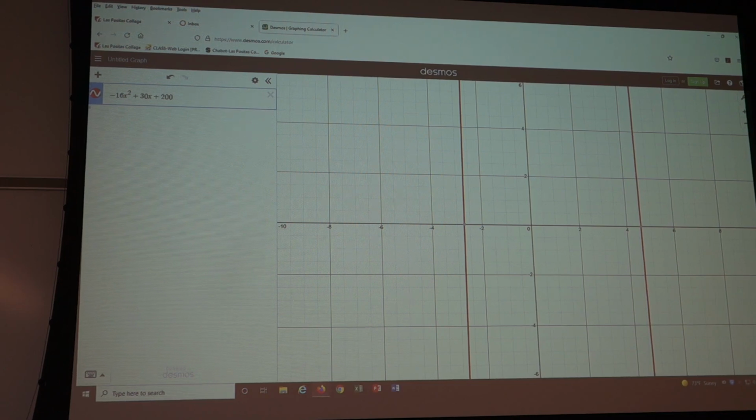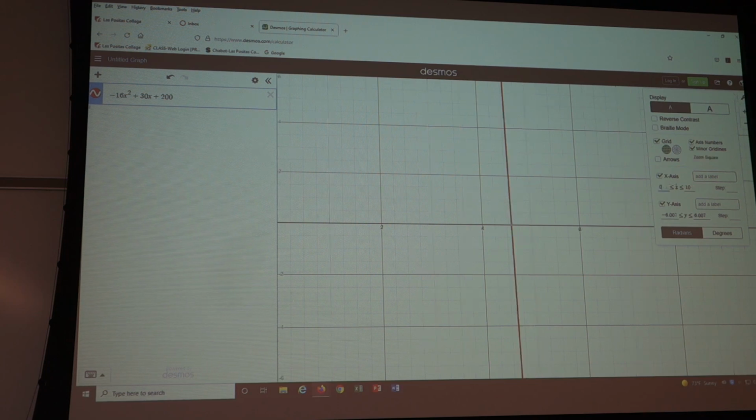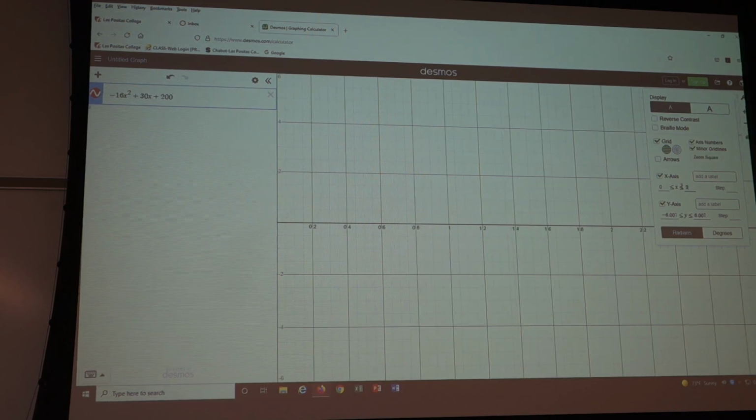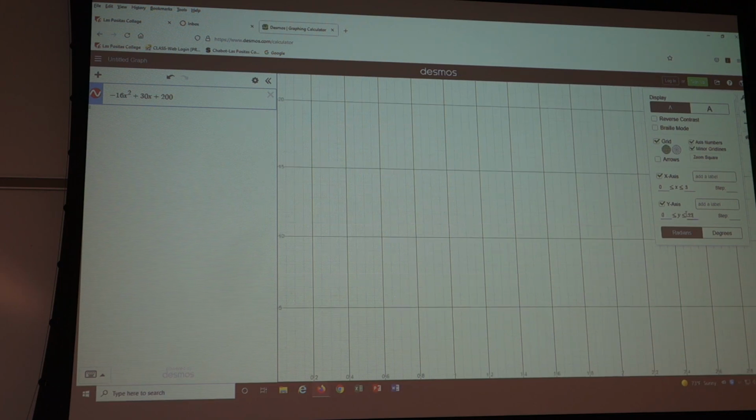Okay, and I'm going to make the settings of the x-axis 0 to 10, 0 to 3, and the y-axis from 0 to 220.